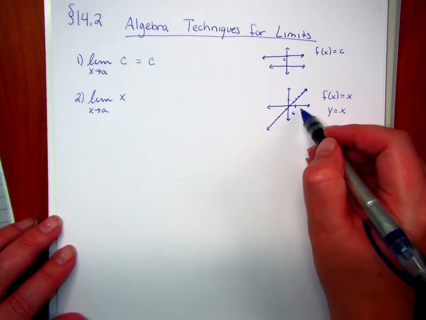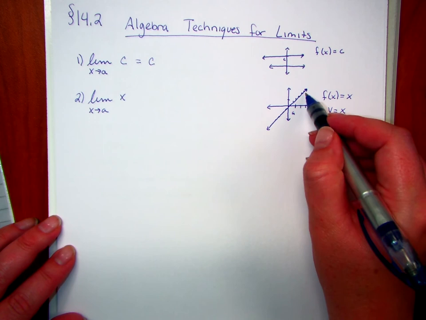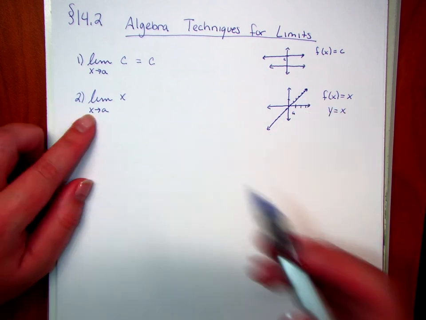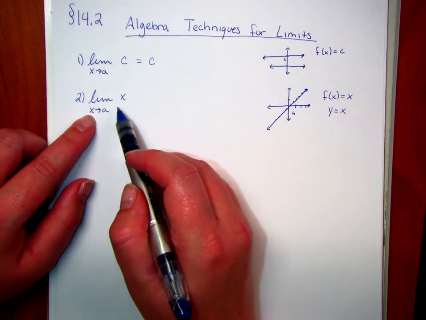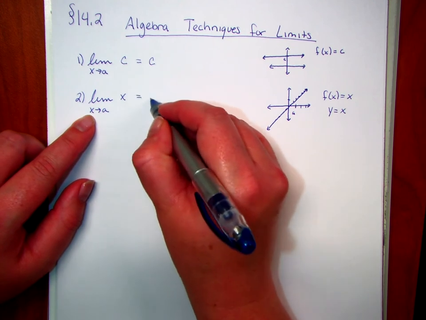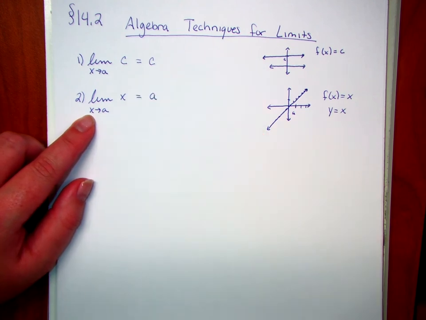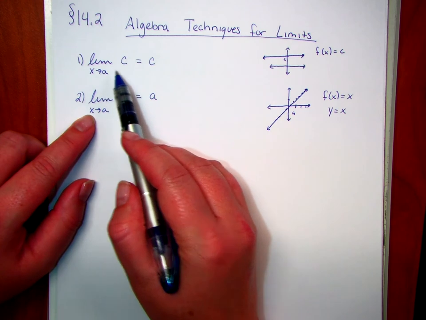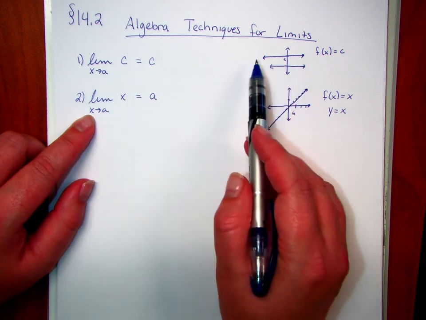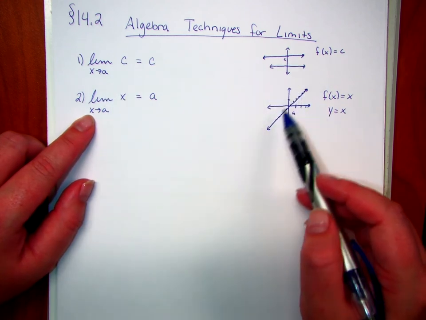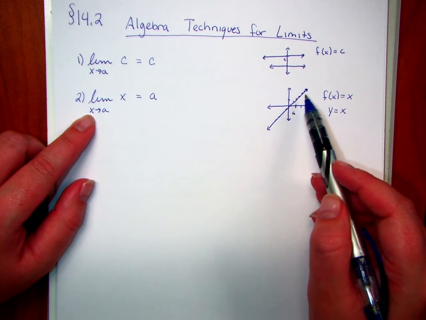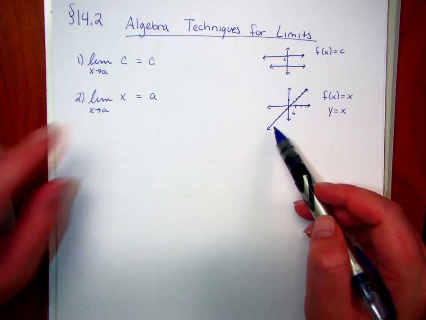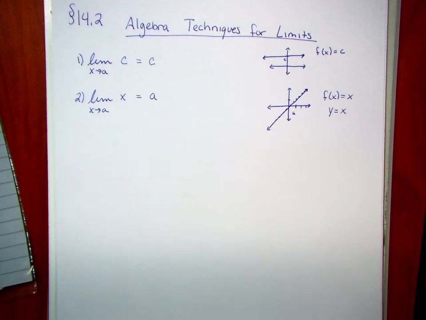So no matter where the a value is, when we plug it into this function, we're going to get that a value back out. So the limit as x approaches a of x is a, right? It depends on where we're looking. On a constant, it doesn't matter where we're looking, the function value is always at c. But on x, if a is positive, we're up here, and if a is negative, we're down here, and we're at the actual a value.